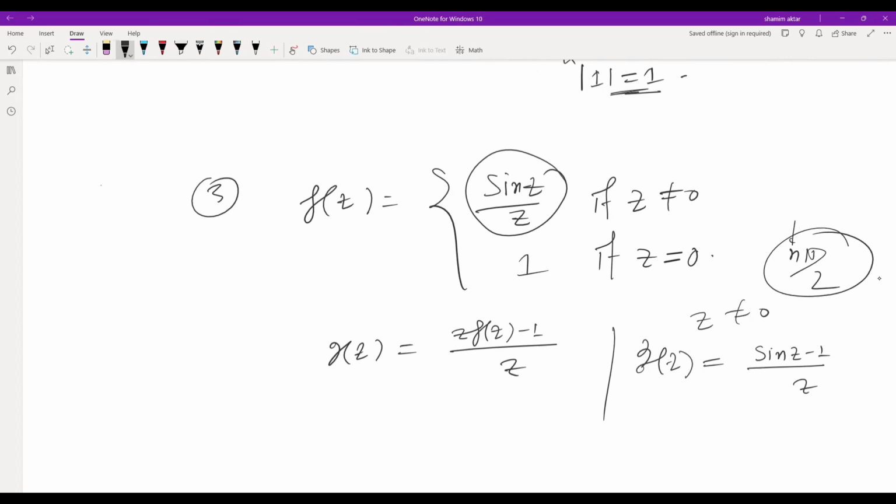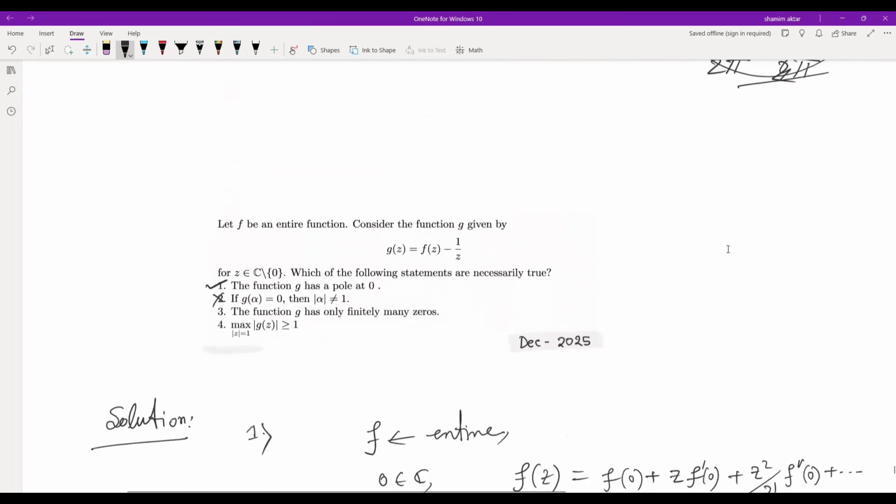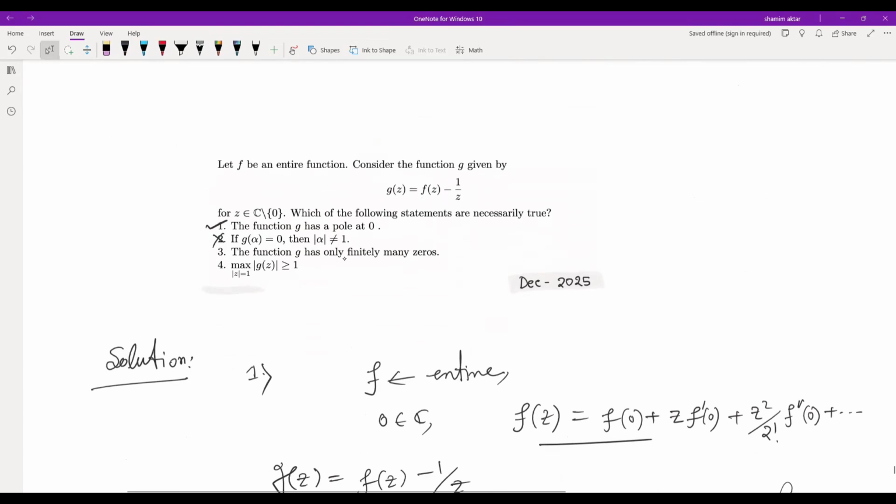So if sin z equals 1, then g(z) equals 0. So g(z) has infinitely many zeros, and this option is false.